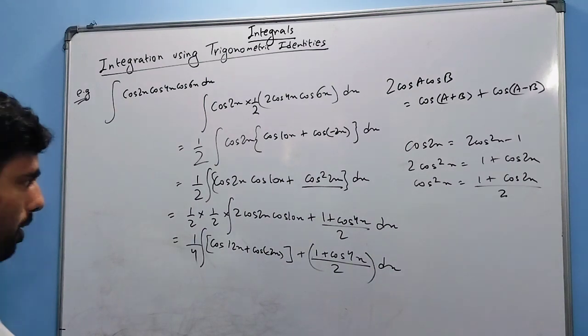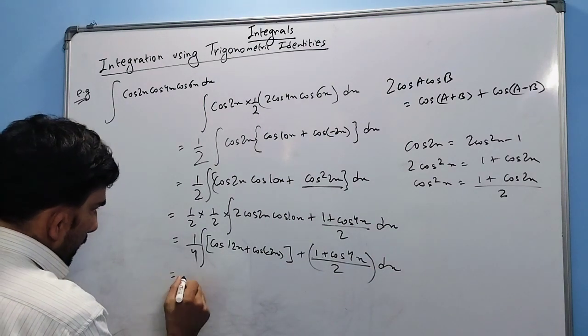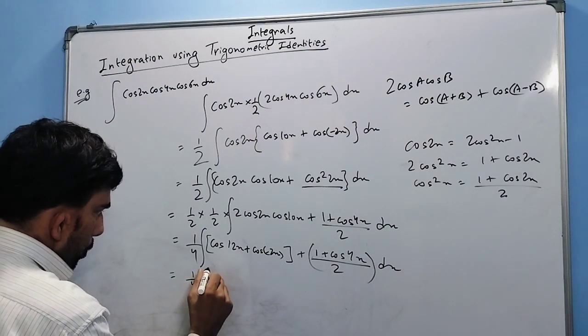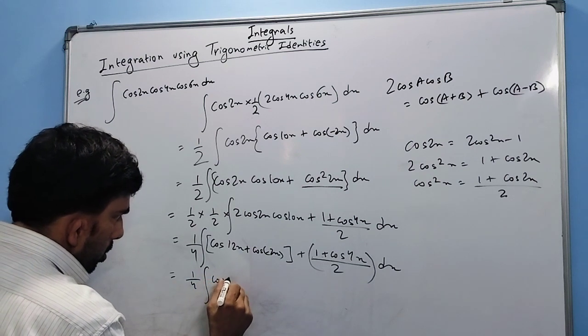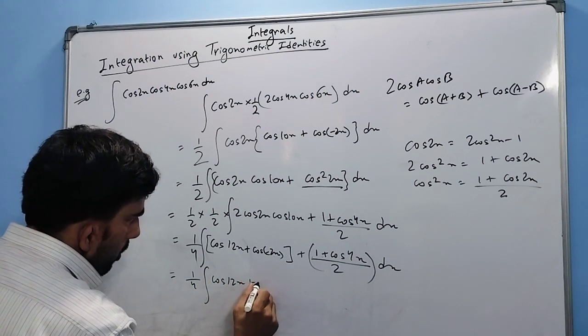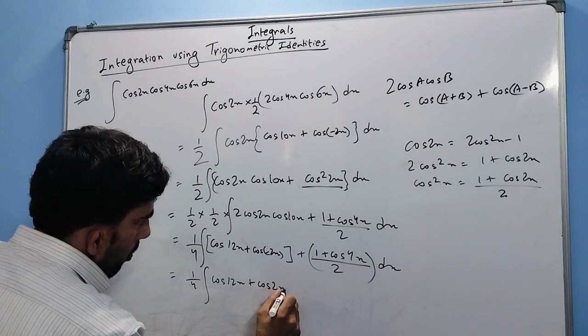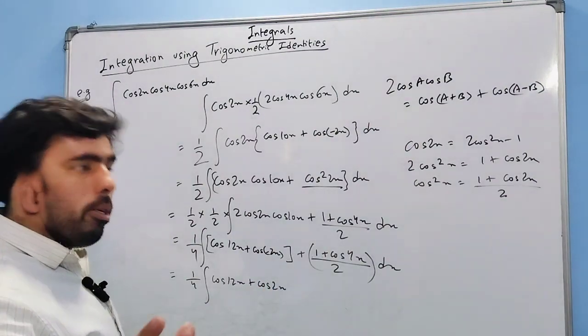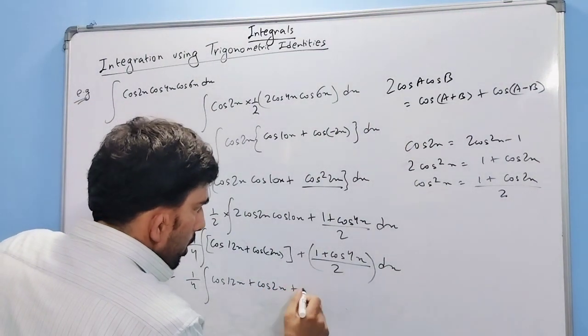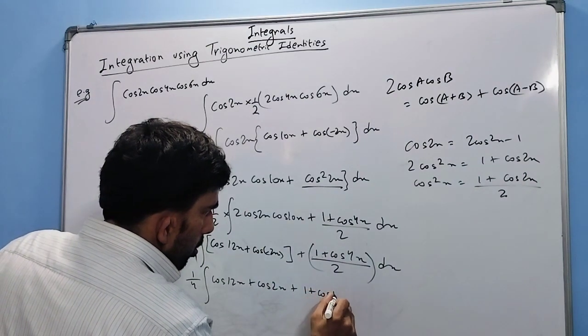Okay, now we can easily integrate 1 upon 4 of cos 12x plus cos 2x, we all know cos minus x is cos x, plus 1 plus cos 4x.